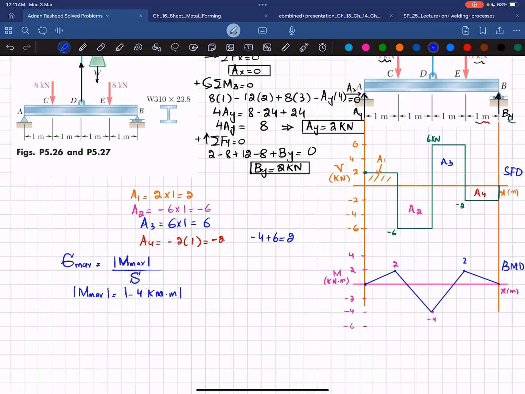That will give you 4 kilonewton into meter. And what about S? Since we have been given that this is W 310 by 23.8. Clear? So from the table, let me show you.